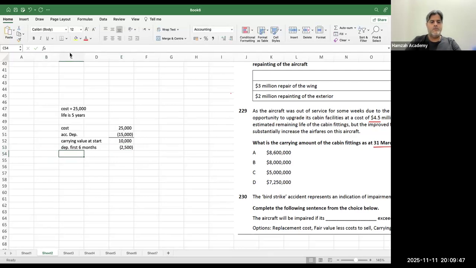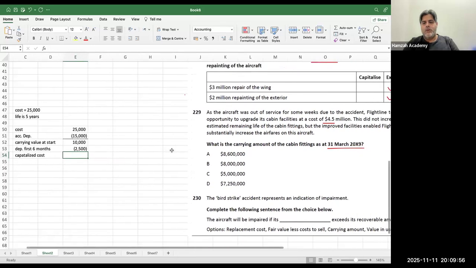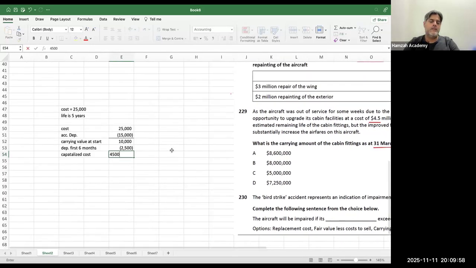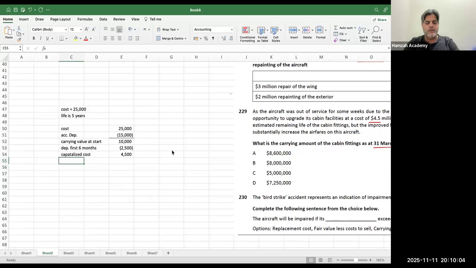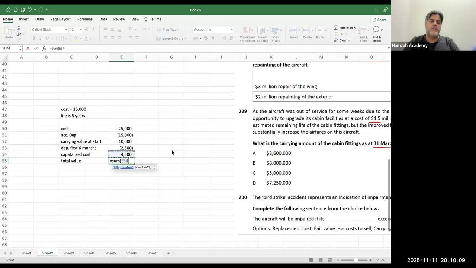Then we are going to have the capitalized cost. So the capitalized cost is 4.5 million, right? So 4.5 million is going to be 4,500 over here. Then the total value is going to be 12 million over here, right?